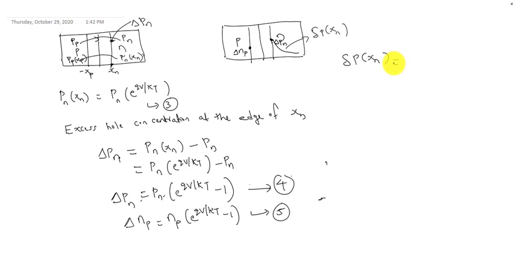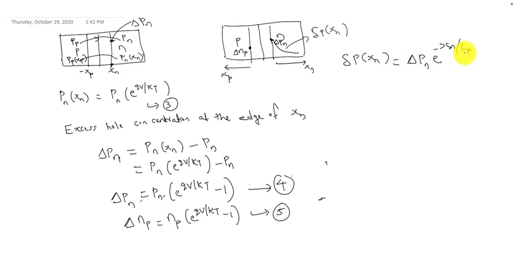That is del P of Xn is equal to delta Pn e raised to minus Xn by Lp. This equation we have already studied. So this region is Xn and this region is Xp.